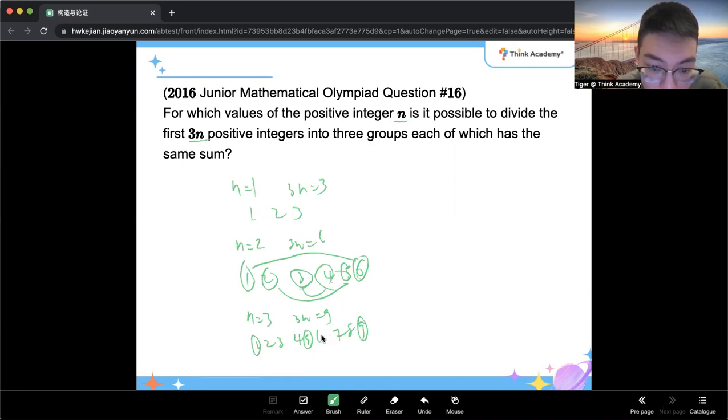Is that 159? Two, 4, 8. So 159, 2, 4, 8. Oh, that doesn't look right. Let me think about it. 1, 5, 9, 2, 6, 7, 3, 4, 8. Yeah, that's one of them.